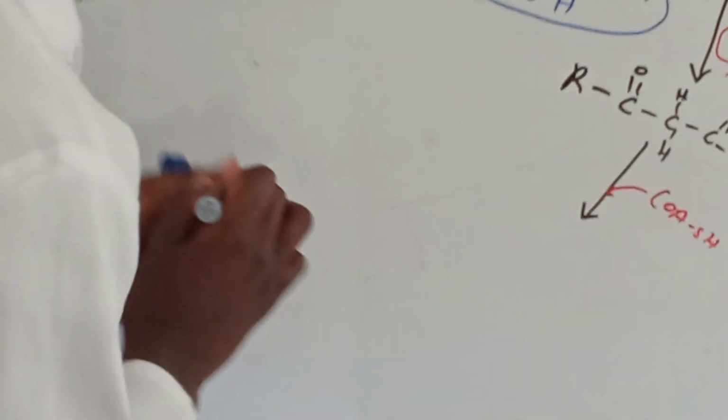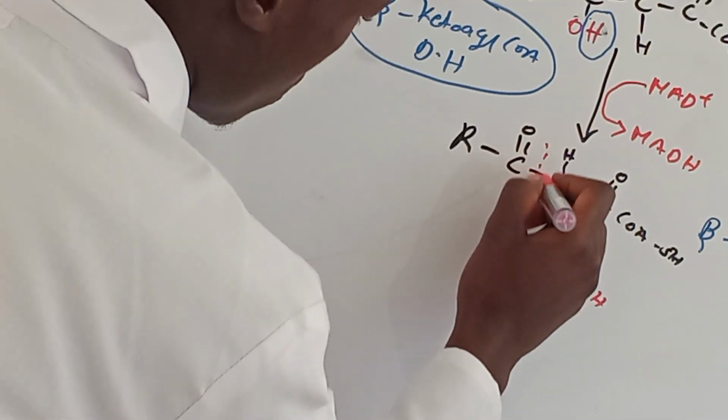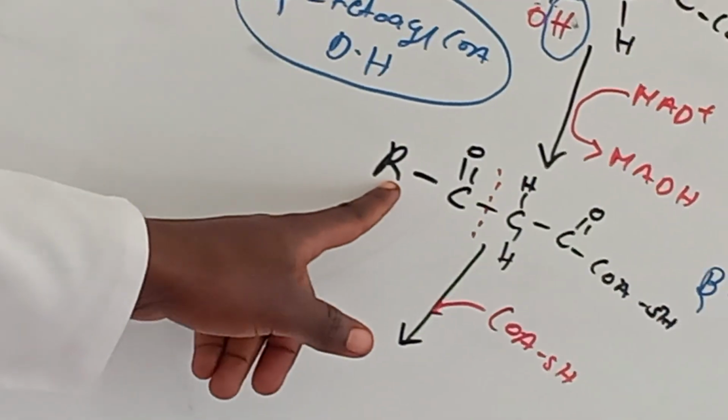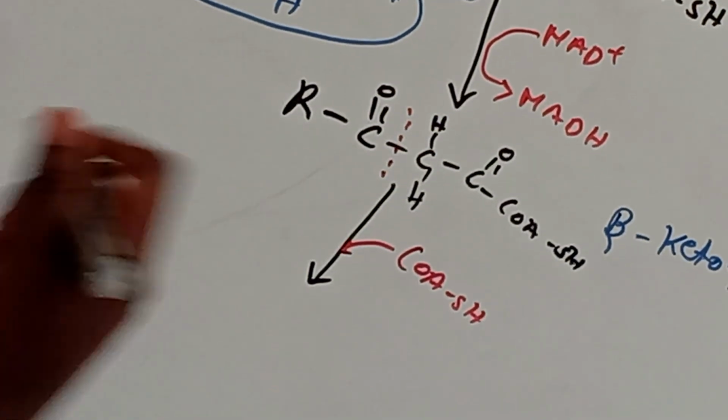Let us now see what we are going to form here, guys. This molecule is going to cleave this bond here. Let me show it in different colors so that you can see. It's going to cleave that bond. I just want to lengthen this arc so that you can exactly see what's going to happen. So I'm going to produce two molecules.